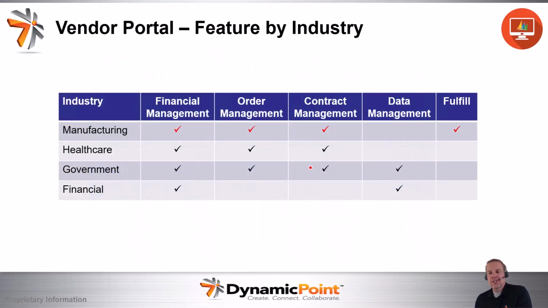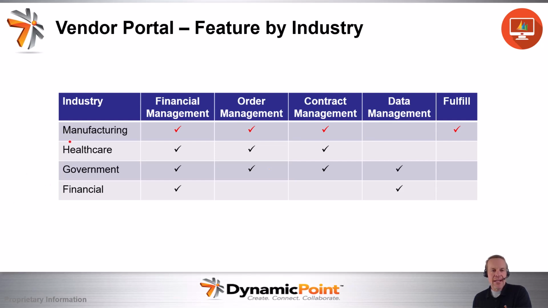So in our introductory video to this series, we did a full analysis of what portal features seem to be the most applicable to what industries and whether or not those features are going to be used from a customer or a vendor perspective. The hard part about this analysis is really any industry could use any feature depending on what's applicable or what's desired to them to meet their requirements. But again, these are the most popular ones.